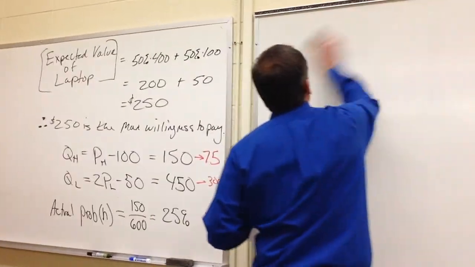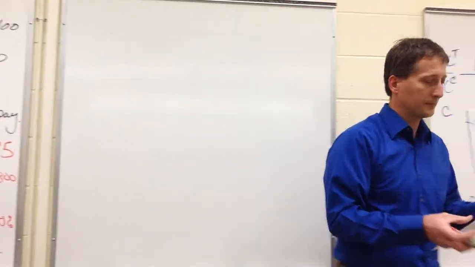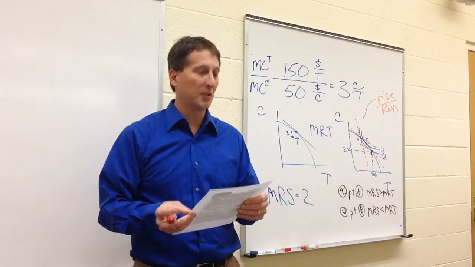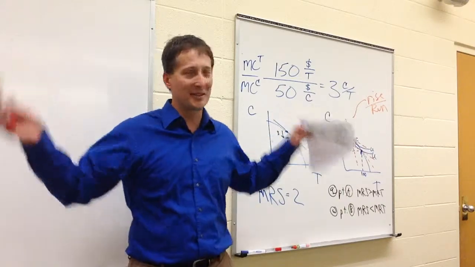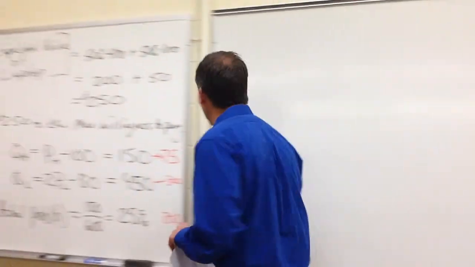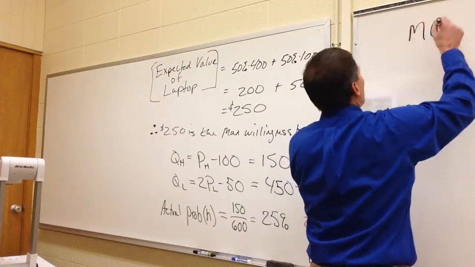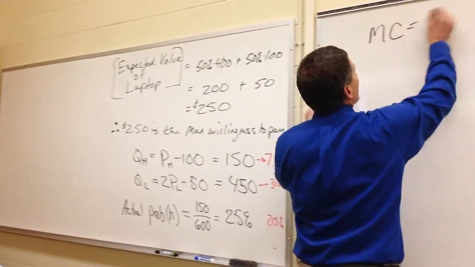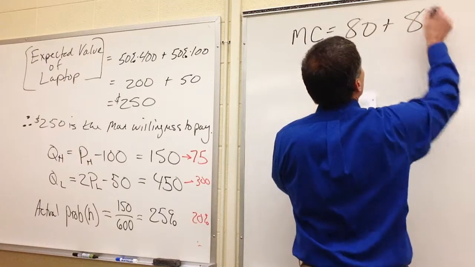All right. So, what do you think? We got a marginal cost curve, marginal benefit curve. What's usually a good thing to do? Set them equal to each other, yes. Supply equals demand. Good old-fashioned principles 101. All right, let's do it. We got the marginal cost equal to 80 plus 8A.